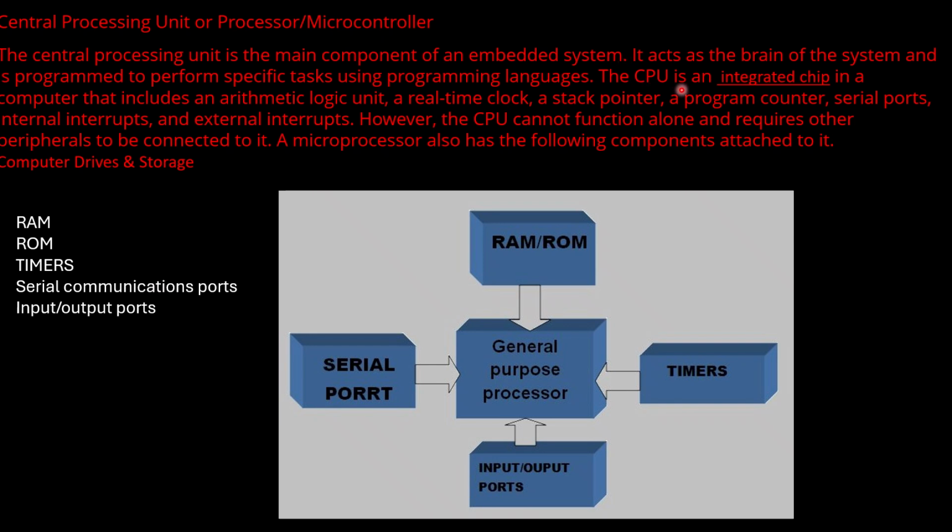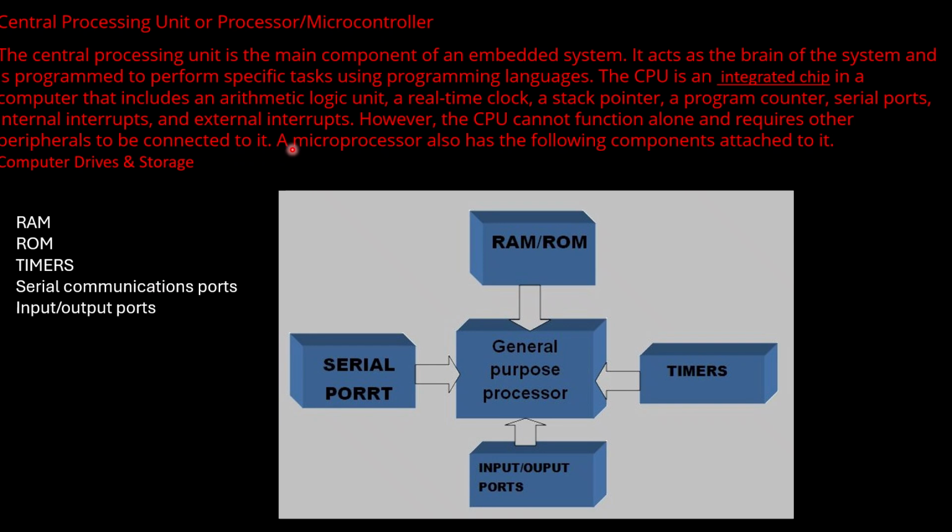The CPU is an integrated chip in a computer that includes an arithmetic logic unit, a real-time clock, a stack pointer, a program counter, serial ports, internal interrupts and external interrupts. However, the CPU cannot function alone and requires other peripherals to be connected to it.